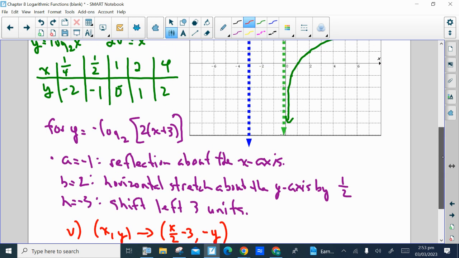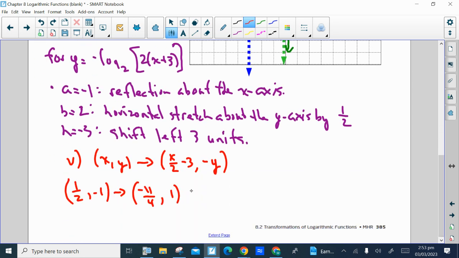So the point 1 comma 0, you'll take half of the x value, so half of 1 is 1/2. Take away 3 is like taking away 6/2. That's negative 5/2. And when you multiply the y value by negative 1, in this case it doesn't change because it's 0.